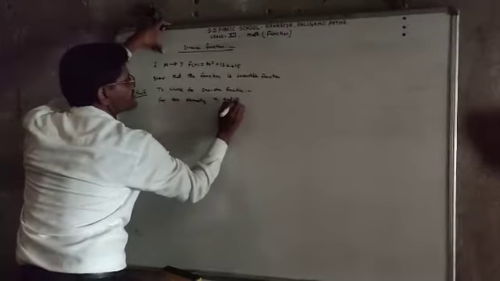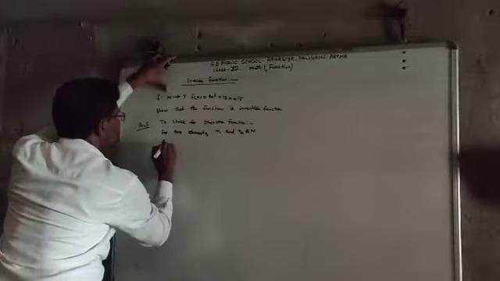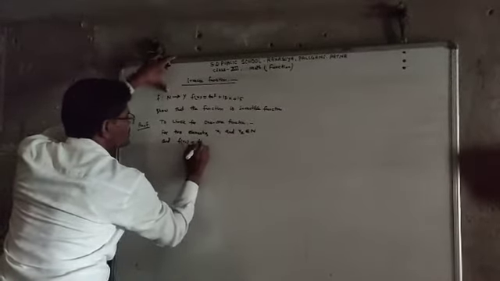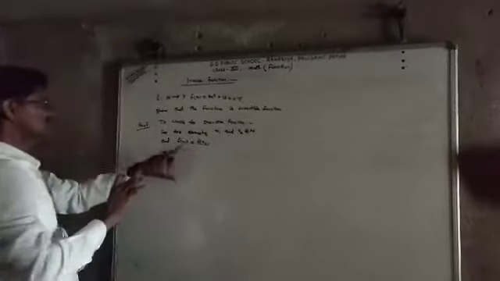Suppose two natural numbers x1 and x2 are taken from the domain of the function, and suppose f(x1) is equal to f(x2).